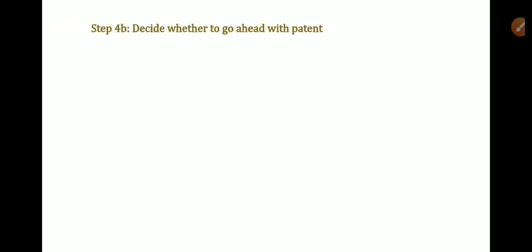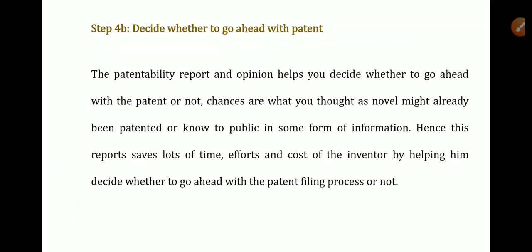The next step is step 4B, decide whether to go ahead with the patent or not. In this step, it is very simple. You have to decide whether to proceed with further steps or not. The patentability report and opinion help you decide whether to go ahead with the patent or not.